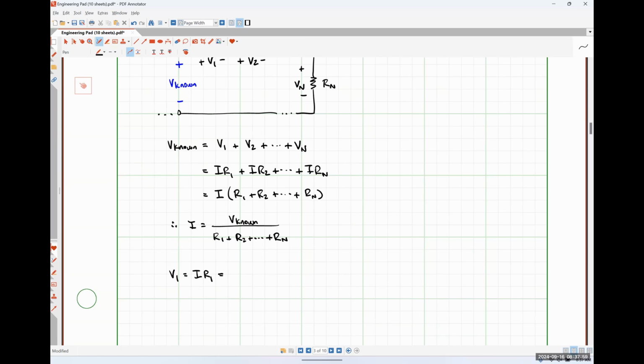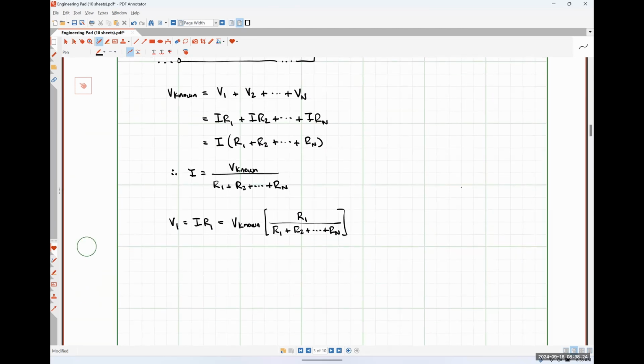So substituting in I, we would wind up getting our known voltage multiplied by a ratio of resistances, where R1 is in the numerator, and then that series combination of all of those resistances is in the denominator.